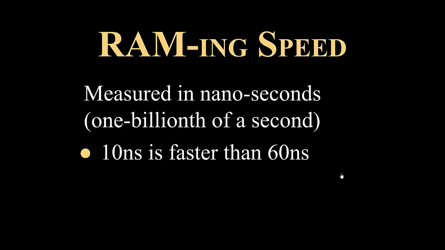Now, it used to be that RAM was measured in nanoseconds. A nanosecond is a billionth of a second, which is really, really fast. If you said you had 10 nanosecond RAM, that's going to be faster than 60 nanoseconds, even though 60 is greater than 10. The smaller the number, the better.